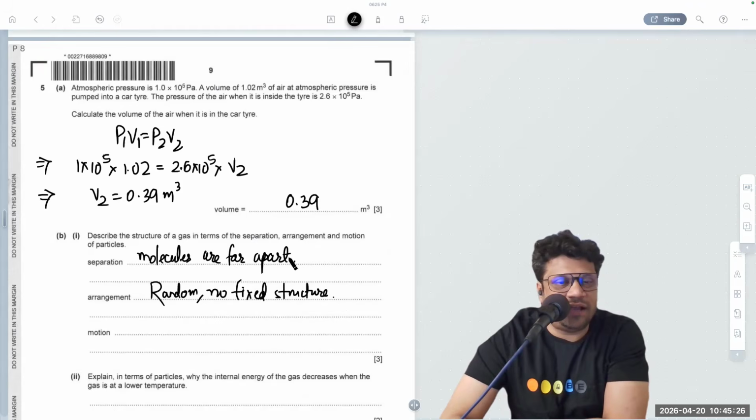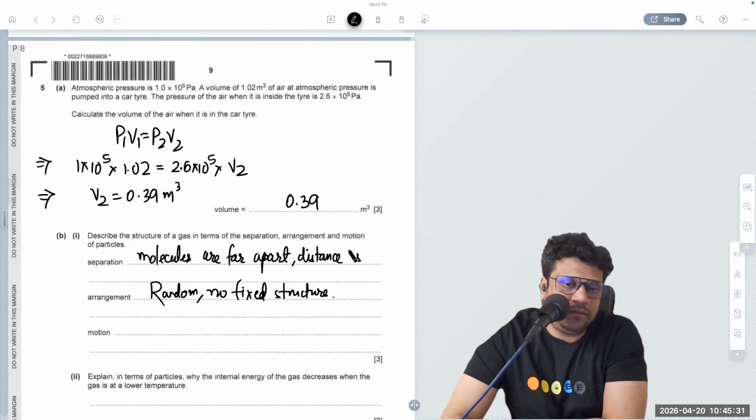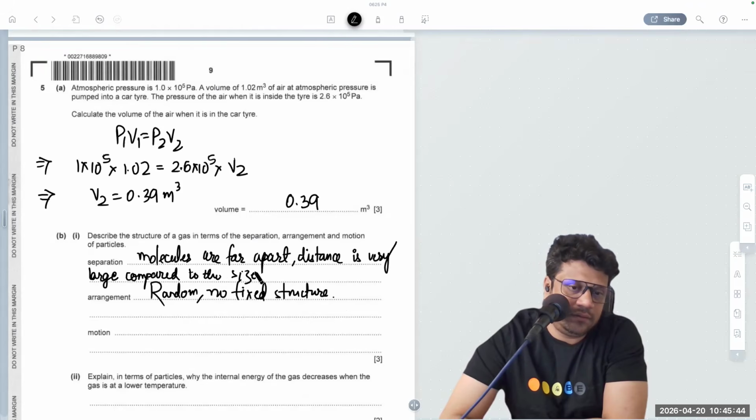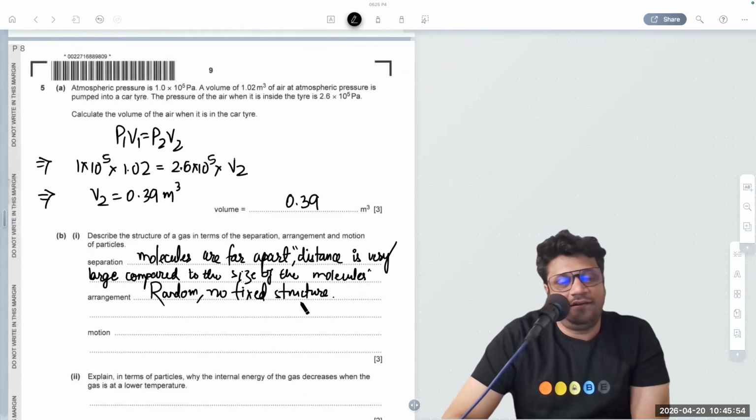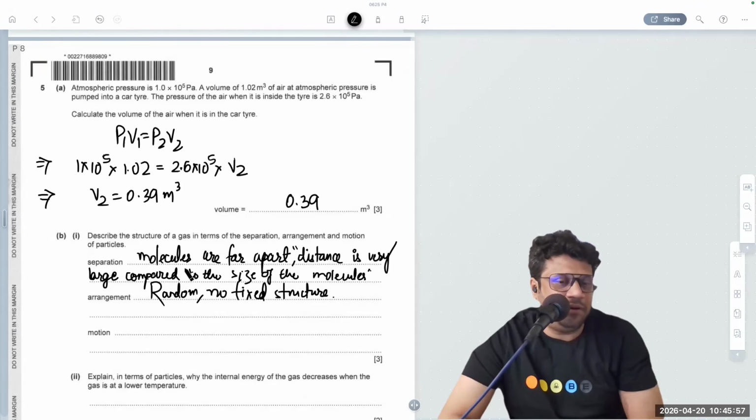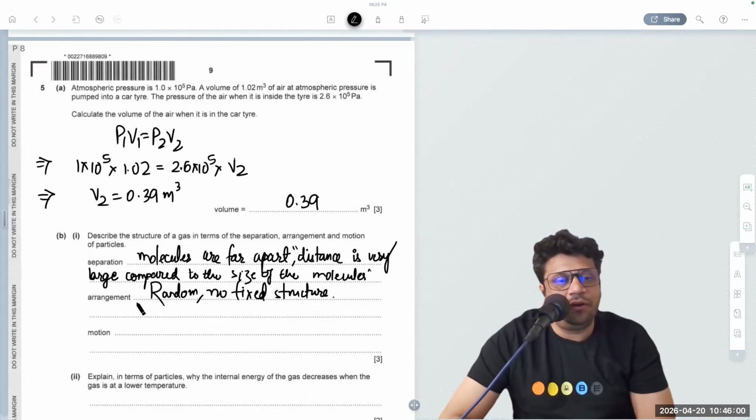I just want to be sure, so I'll say the distance is very large compared to the size of the molecules. I don't think it's required, but I'll still keep it there. Molecules are far apart should be more than enough. Arrangement random should be enough.